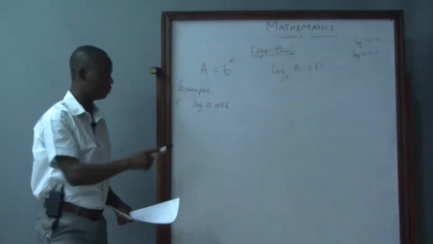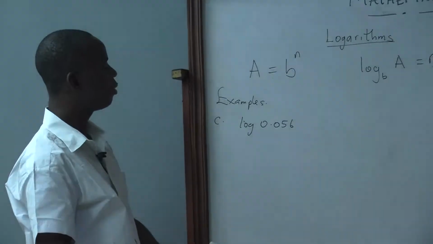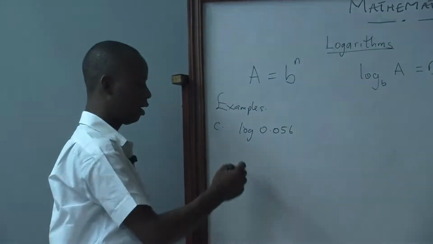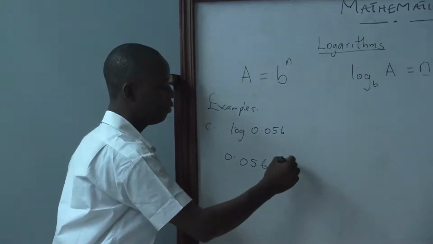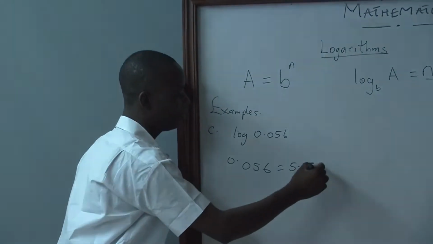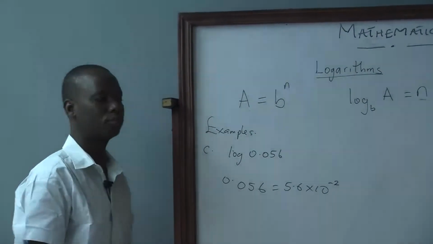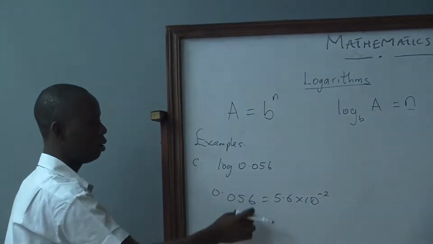Another example here, example C, where we're looking for the log of 0.056. 0.056 is 5.6 times 10 raised to the power of minus 2, that is, this figure in standard form.